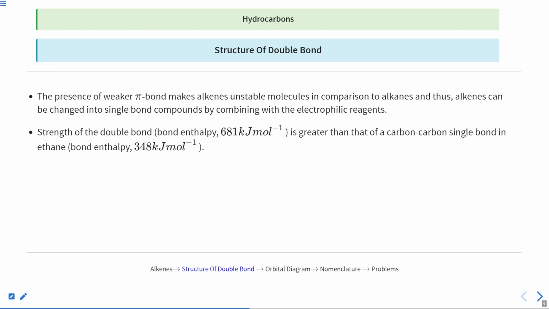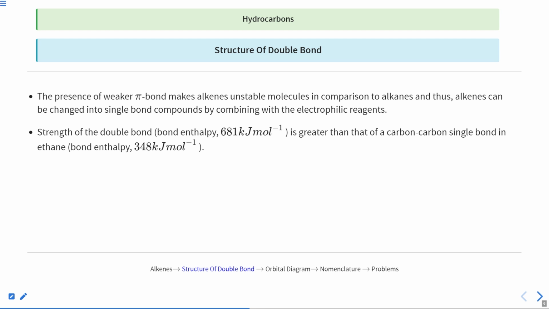Okay, so let me make one thing clear. Instead of this double bond, there are two bonds there, right? So this is the strength of two bonds, 681 kilojoule per mole, and this is the strength of one bond. Now, there are similarly four other bonds there.